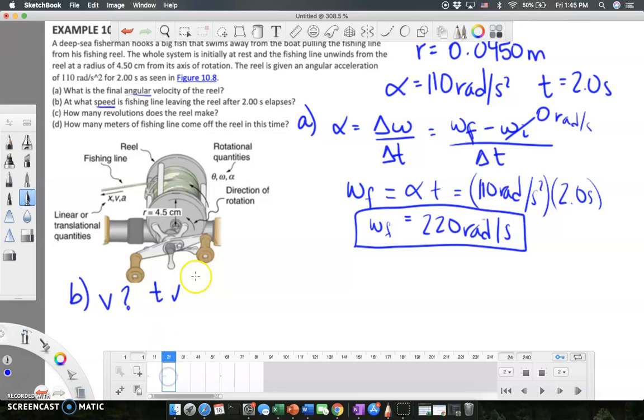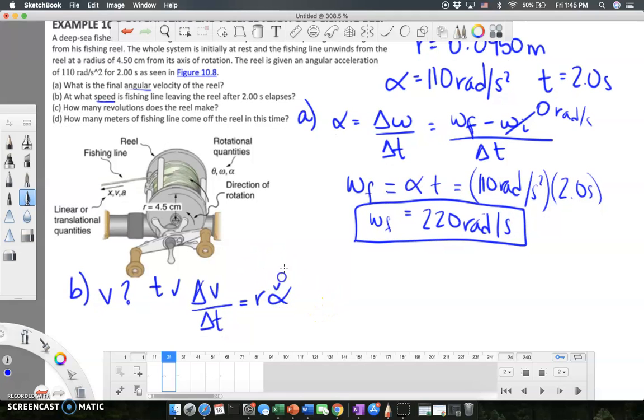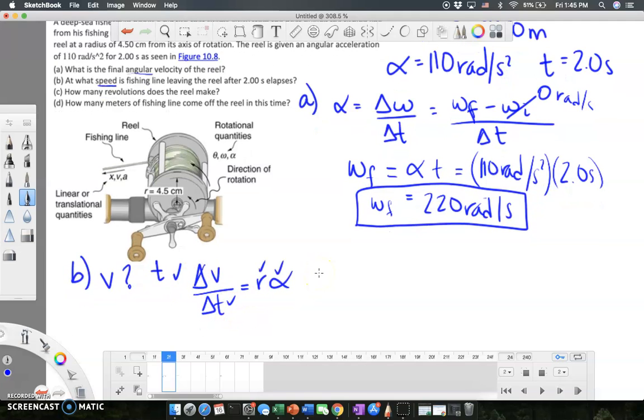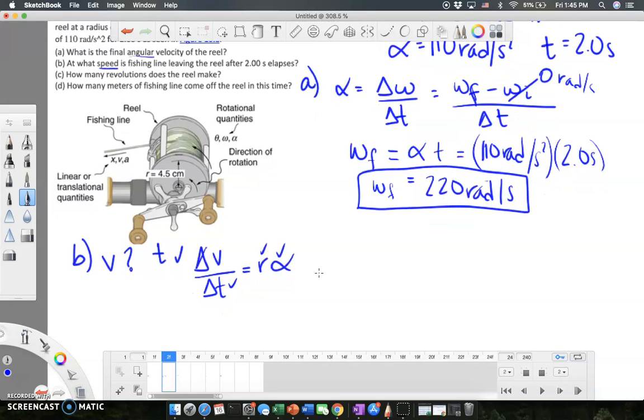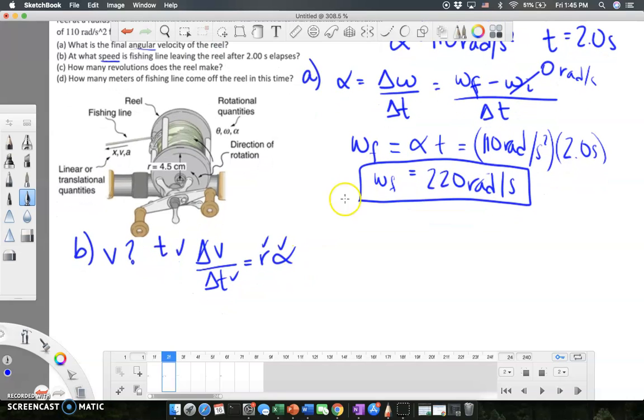So we're going to have delta v over delta t equals r times alpha. So this is given to us, this is given to us, and this is given to us, and this is what we want to know. So we have our v equals r times t times alpha.